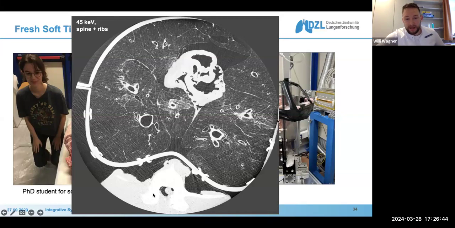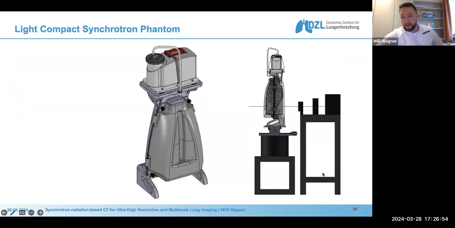Here you can see the spine, actually with the spinal cord still inside, and the ribs were not captured here because of the field of view. That basically proved to us that we need somehow to increase energy in order to use this for patients.